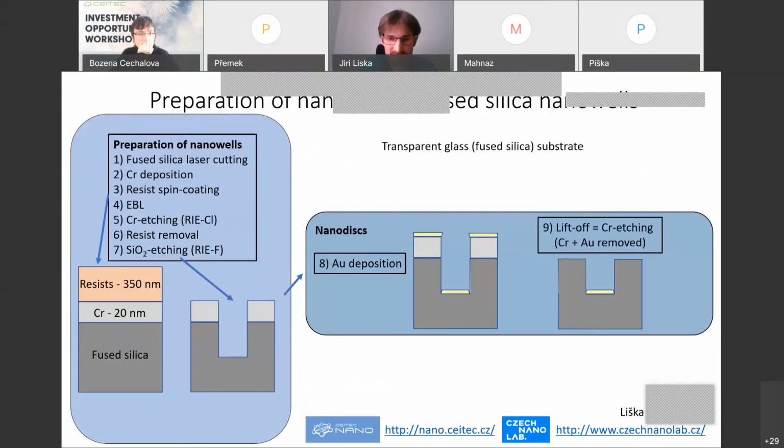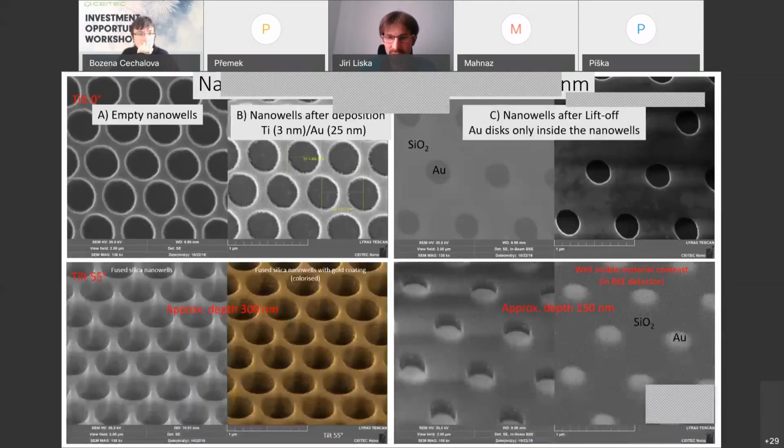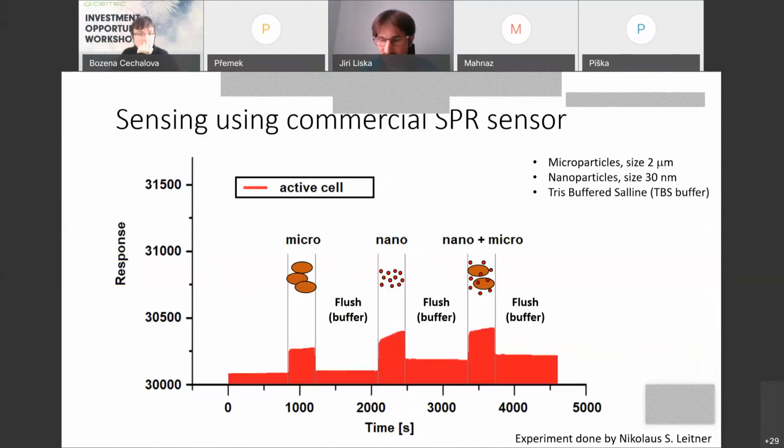How can we prepare such a platform? We can use several fabrication steps: electron beam lithography, deposition, etching, and finally we are able to get nanostructures like this. And how can we check that the idea is working?